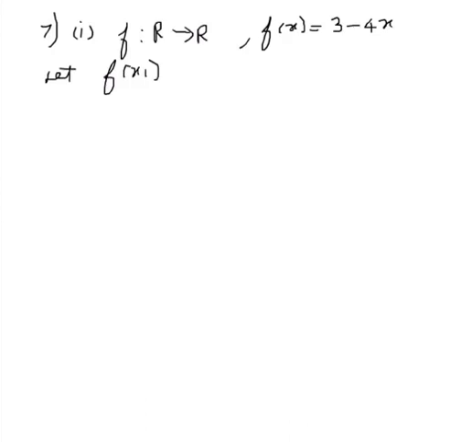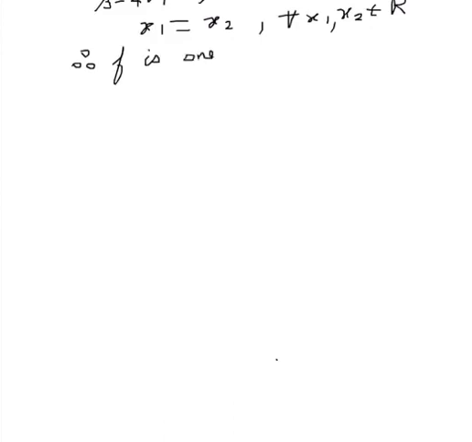Let f of x1 is equal to f of x2. F of x1 is 3 minus 4x1 and f of x2 is 3 minus 4x2. I can cancel the 3 and the negative 4 also. We get x1 is equal to x2. And it is true for any two elements taken from the first set R.